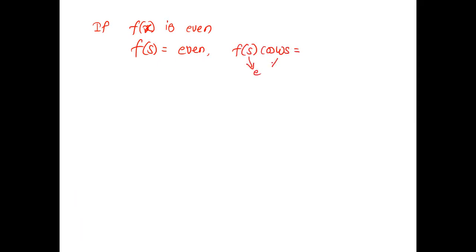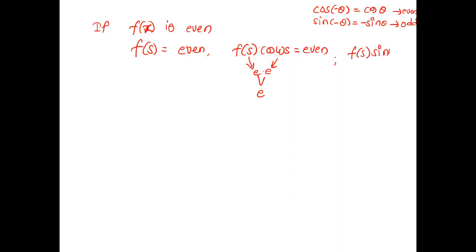Because this is even and cos is, how is the cos function? Cos of minus theta is cos theta, even. Means cos is an even function, and sine of minus theta is minus sine theta, means how is the sine function? Odd. And cos is even, and even into even is even. So this whole thing is even if the function is even. And f of s into sin omega s, this is even, this is odd, sine is odd, into even, odd.